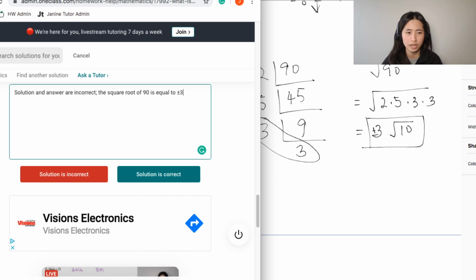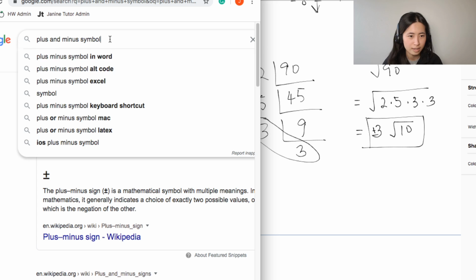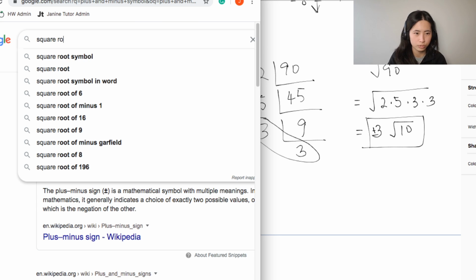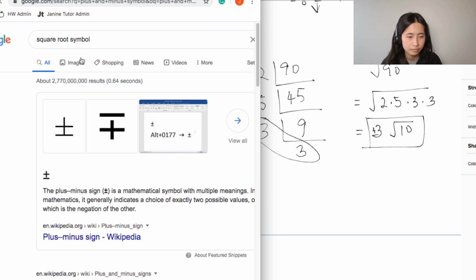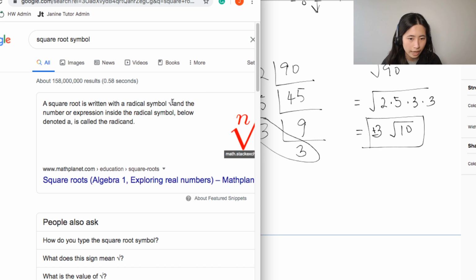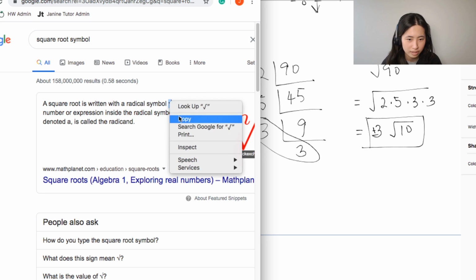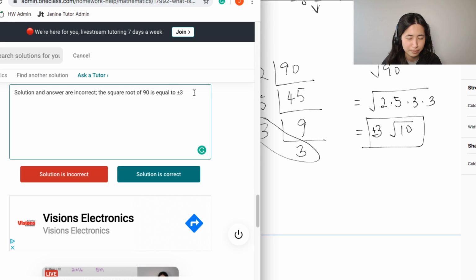Okay, because we're in this square root symbol. I think it's just easier to read, so we're just going to copy this symbol. Okay, 3 square root of 10.